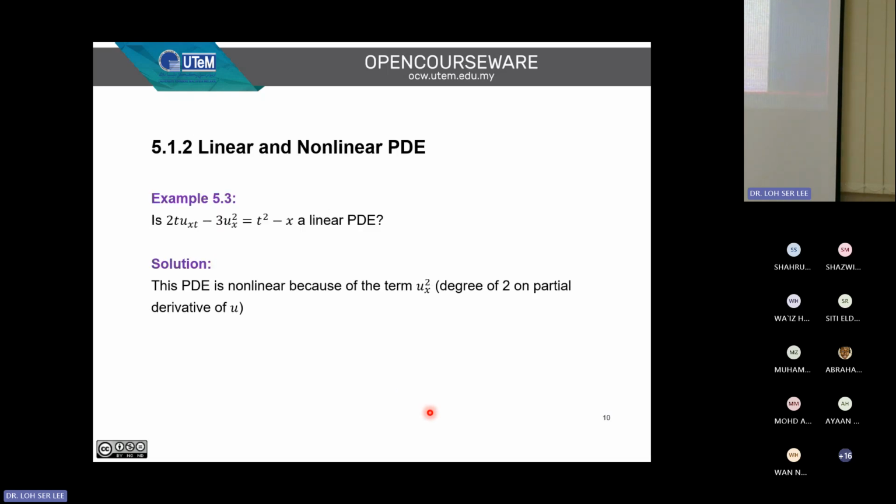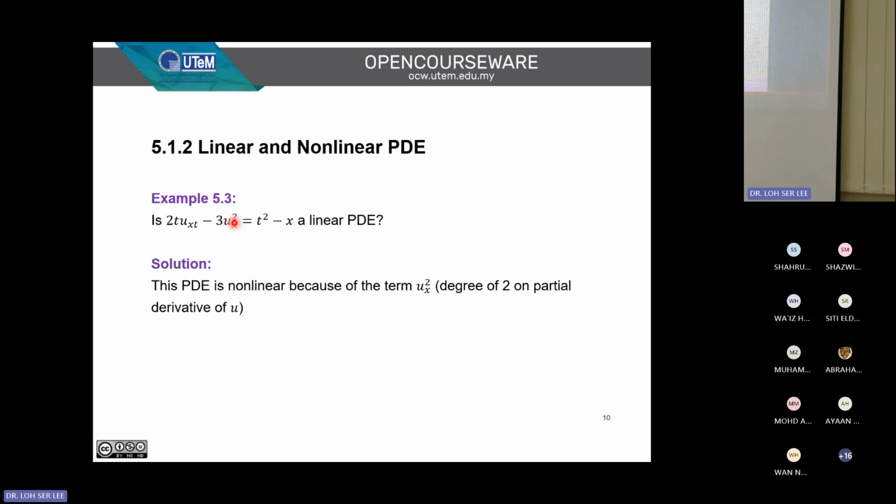Now we look at the first example, this one. We check for the first criteria, the power of 1. There's a U here, this is power of 1. And there's another U here, this is square. So based on this, we can conclude that this is a non-linear PDE because of the square here. All U terms must appear at degree of 1.